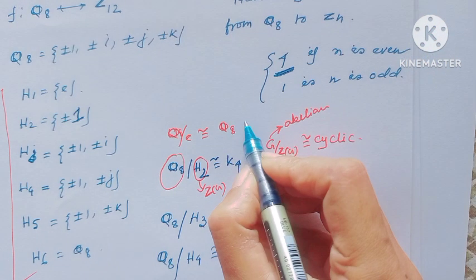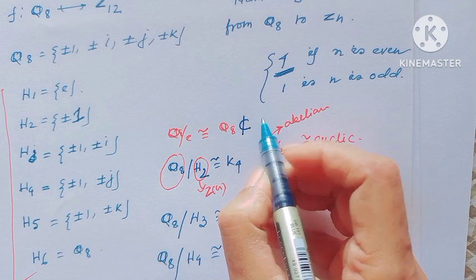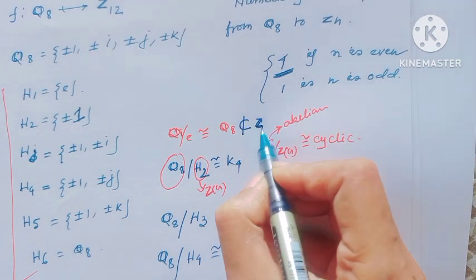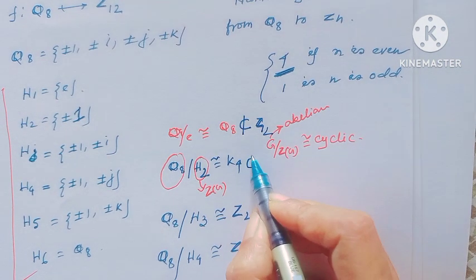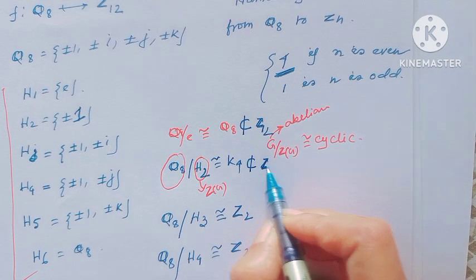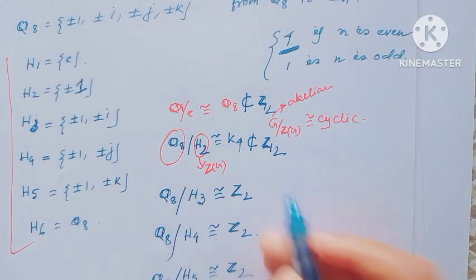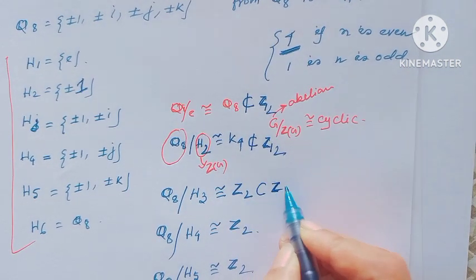So here the number of homomorphisms is as follows. Notice that Q8 is not a subgroup of Z12. Similarly, K4 is not a subgroup of Z12. Only Z2 is a subgroup of Z12.